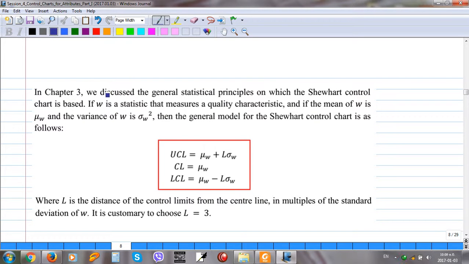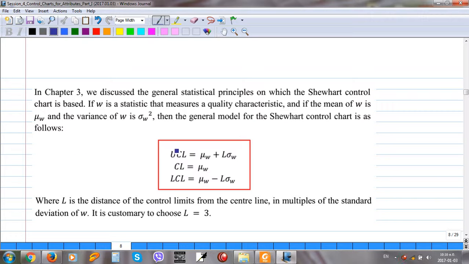In chapter 3 we discussed the general statistical principles on which the Shewhart control chart is based. In chapter 3, the previous chapter, we discussed these control charts, X bar charts, R charts, and all those charts. If W is a statistic that measures a quality characteristic, and the mean of W is mu W and the variance of W is sigma W square, then the general model of the Shewhart control chart is as follows.